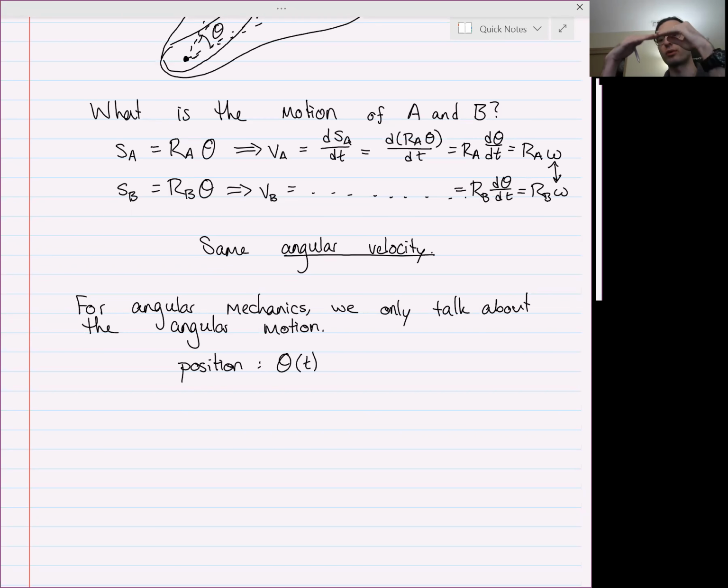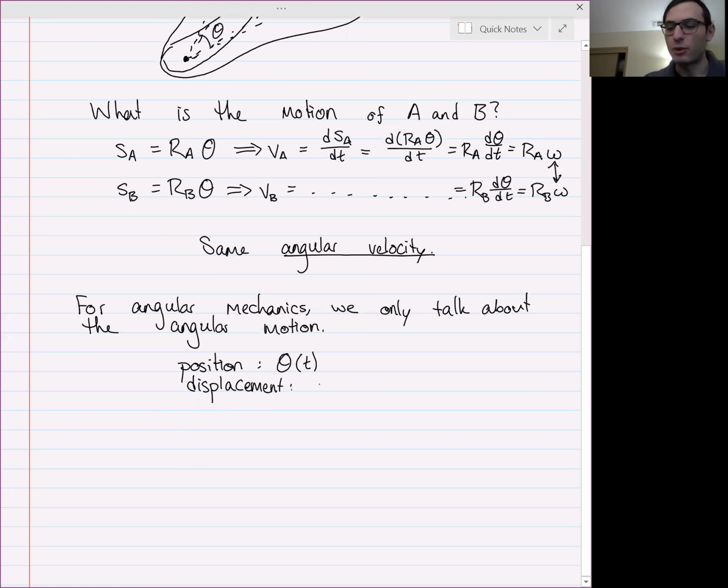So maybe initially the reference point is the x-axis, and then it rotates up, and so it would have rotated up theta radians after time t. We can talk about displacement, angular displacement. That would be delta theta, which is the difference of the angular positions at two different times, which would just be, say, theta 2 minus theta 1.